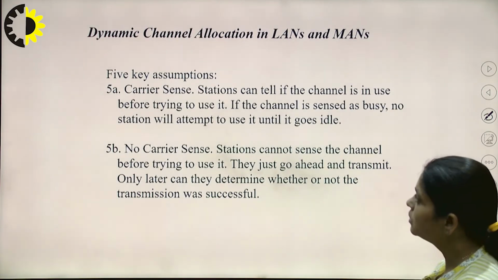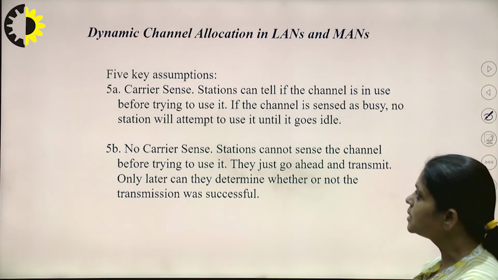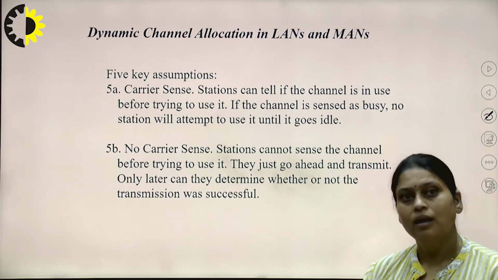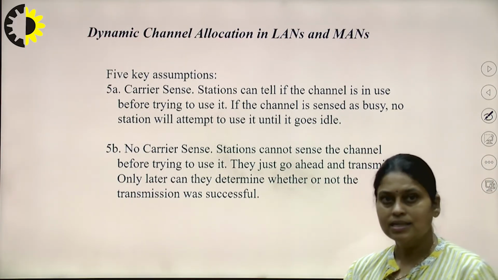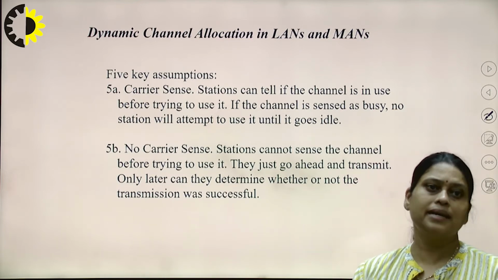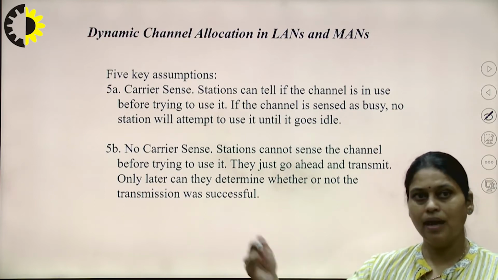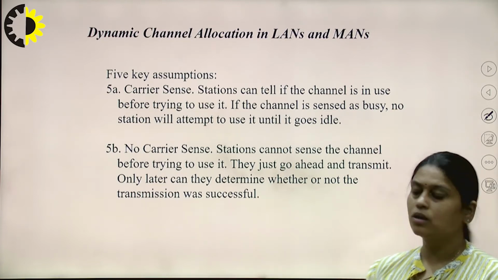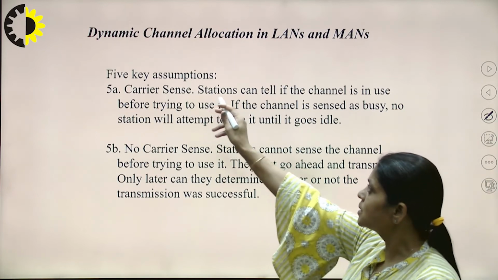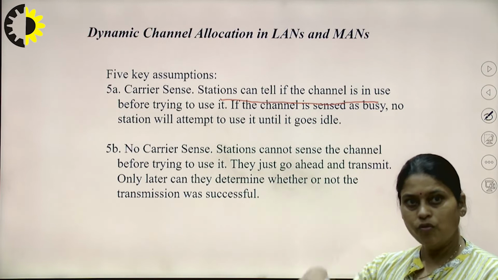Next is about carrier sense or no carrier sense. In carrier sense, the station will sense the channel before trying to send the data. It will sense whether there is some data in the channel or not. So, in carrier sense, the station can tell if the channel is in use before trying to use it.